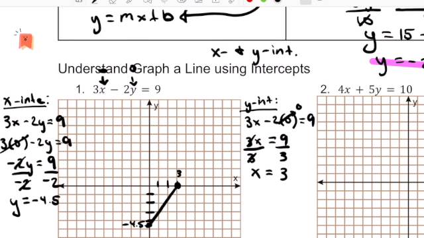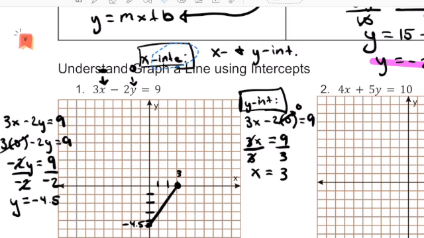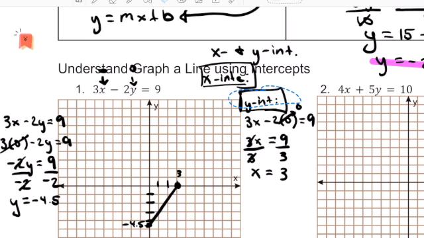Now before we move on to our second problem, you might have spotted some mistakes in solving our first problem. For this part, these two are mislabeled. The first part was supposed to be solving for the y-intercept, so we will need to move this. And this second part, we solved for the x-intercept.